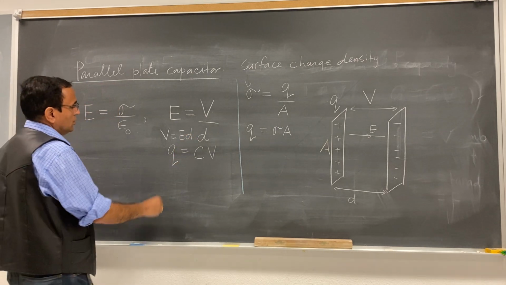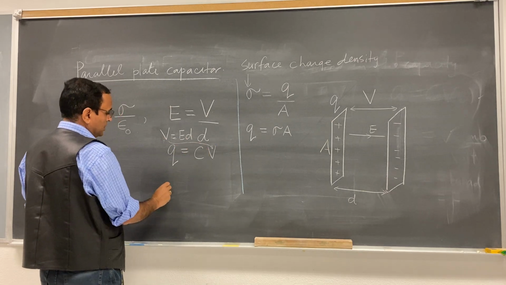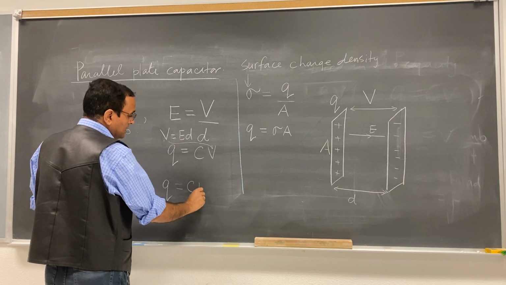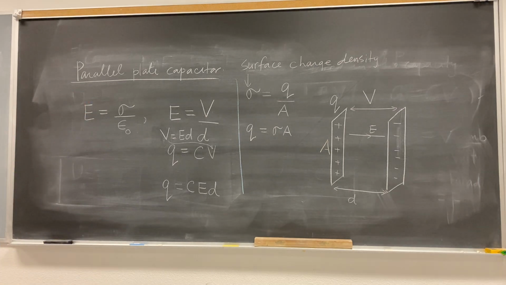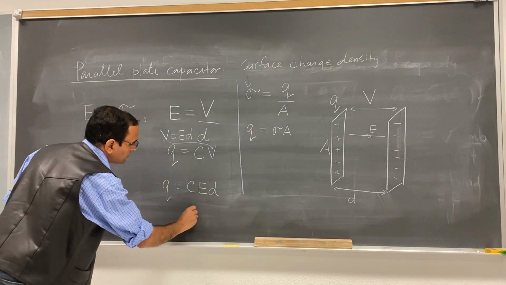So if you plug this V right here, what happens? Q is equal to C times V, and V is E times D, so Q equals C E D, right? So what is C from here then?